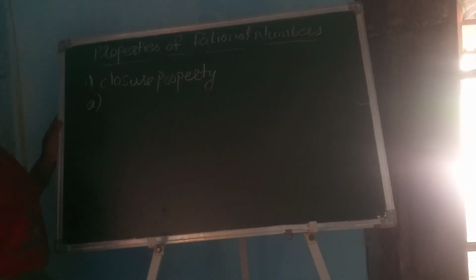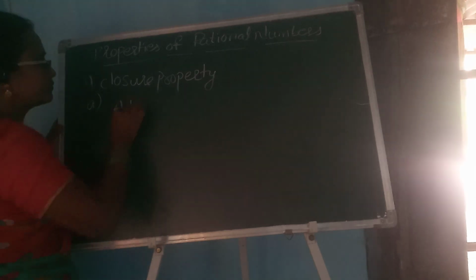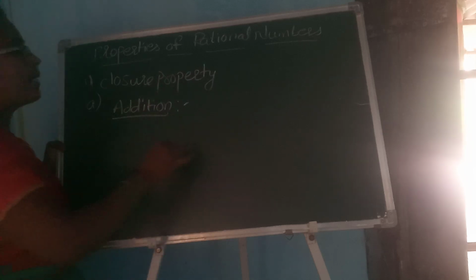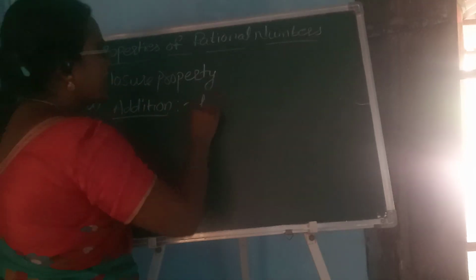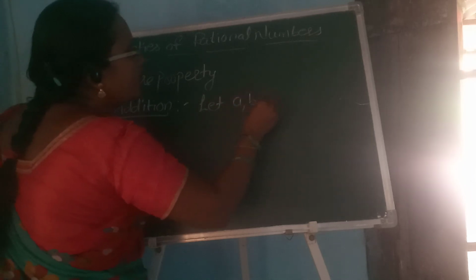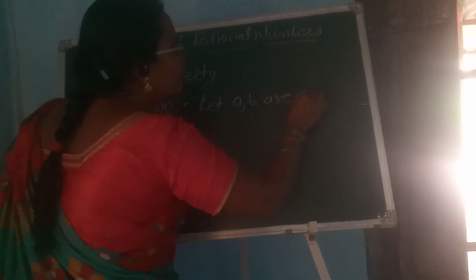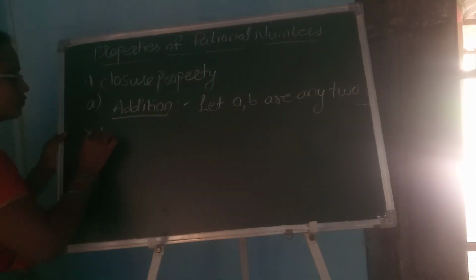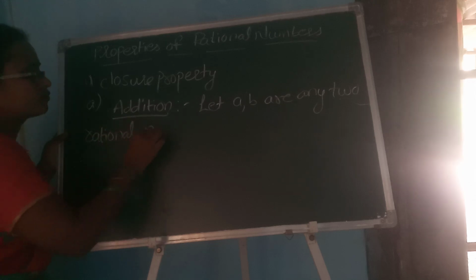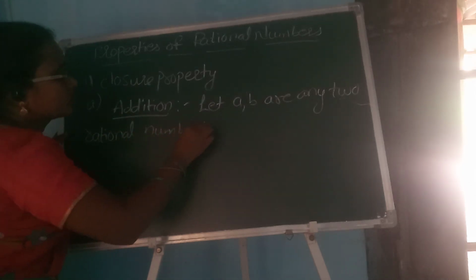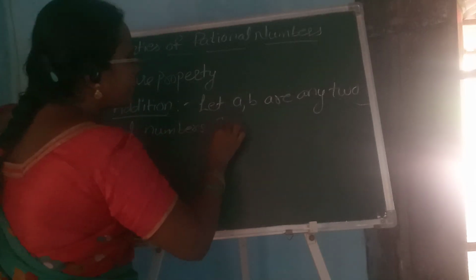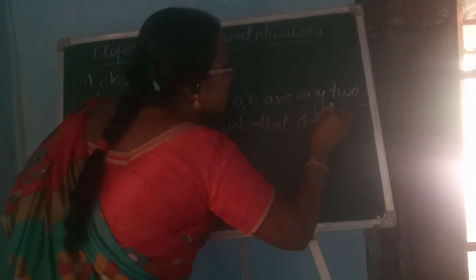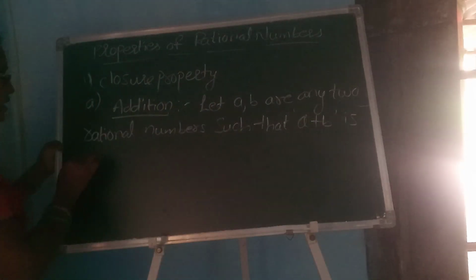First, the closure property under addition. Here I am taking any two rational numbers, such as let a comma b be any two rational numbers such that a plus b is also a rational number.